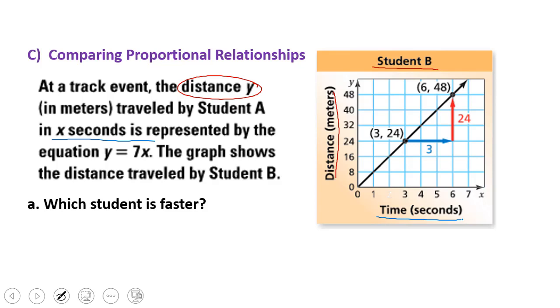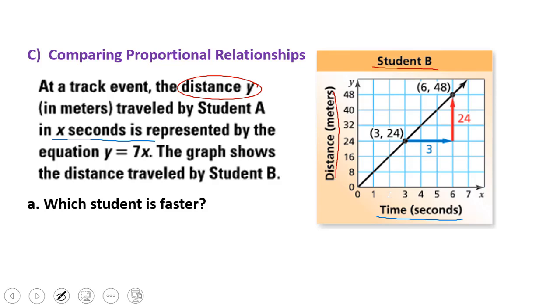Anytime you're asked to find the slope of that line and interpret it, you know y goes over x, so distance goes over time. So you would interpret that slope as distance per time, or meters per second. Got it?